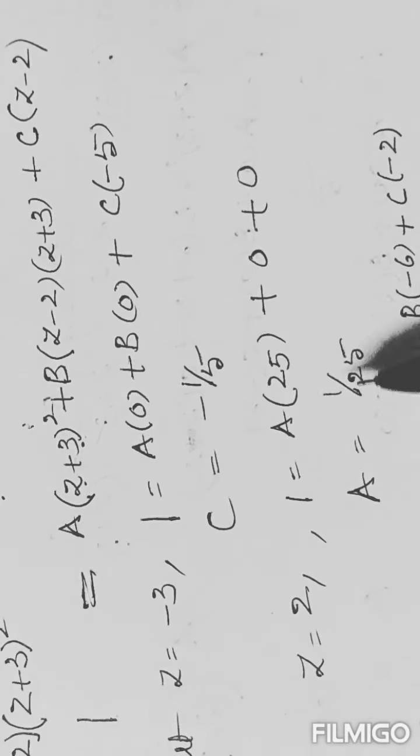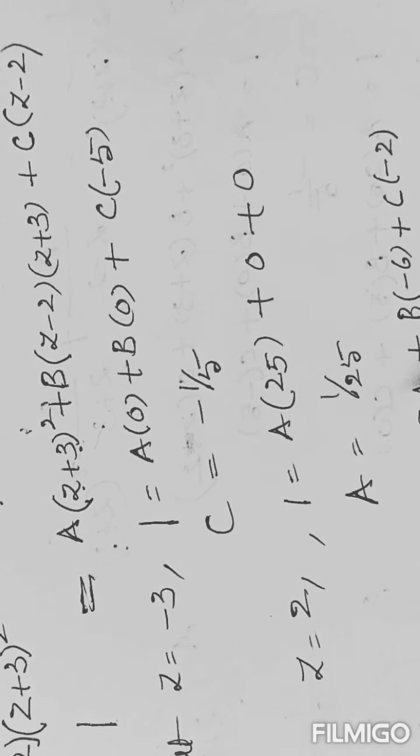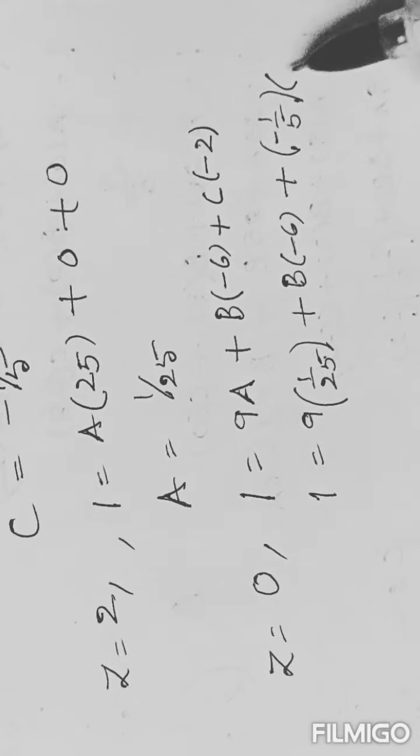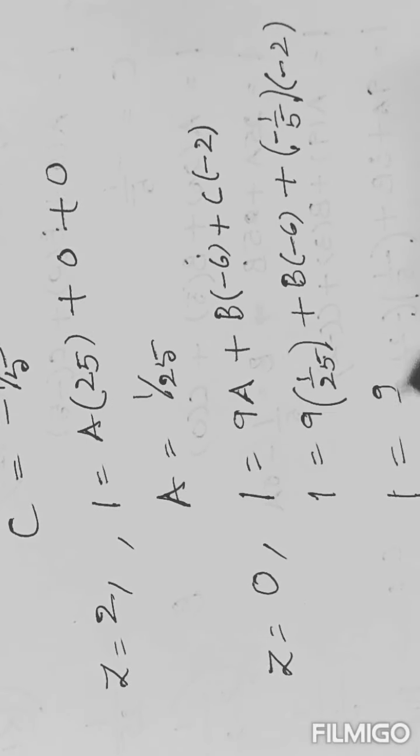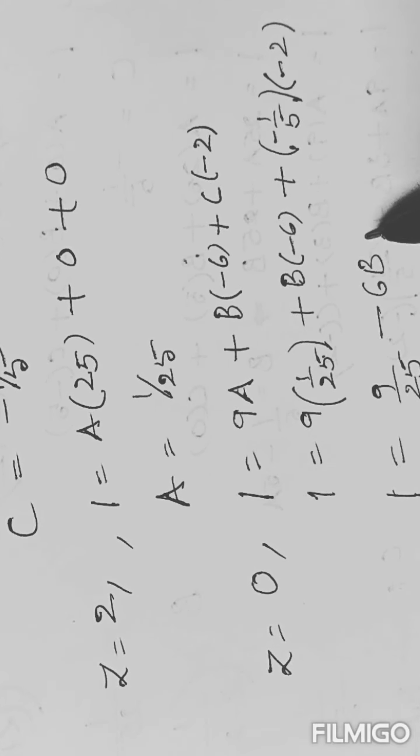Already there are two known values. Substitute the known values: 9 into 1 by 25. B is unknown. Plus C is minus 1 by 5 into minus 2. That equals 9 by 25 minus 6B plus 2 by 5.